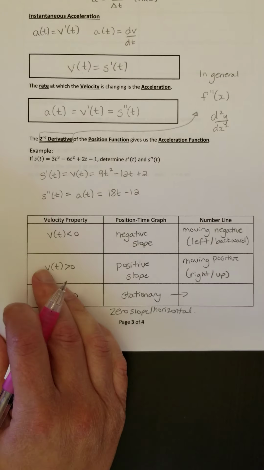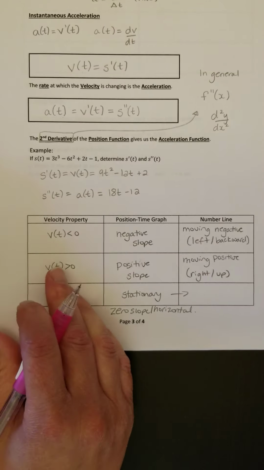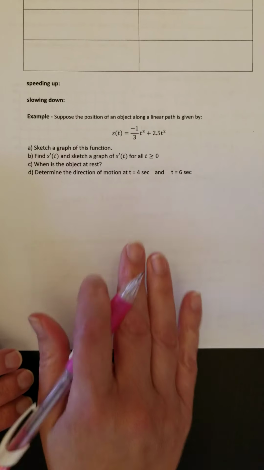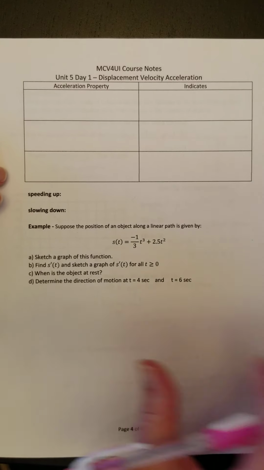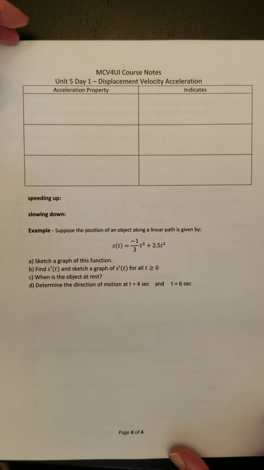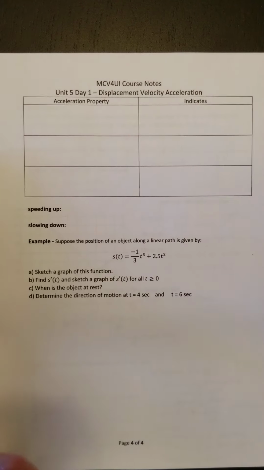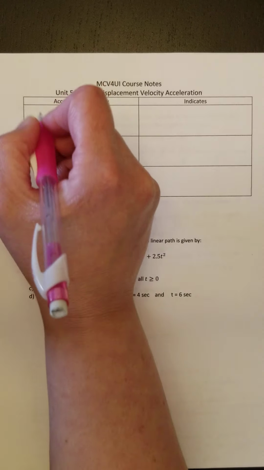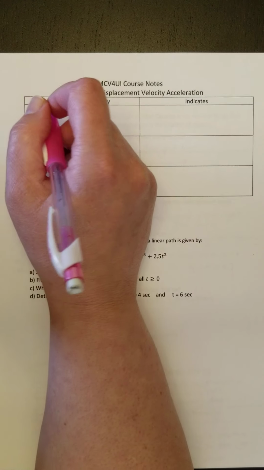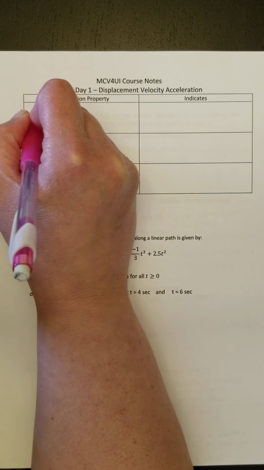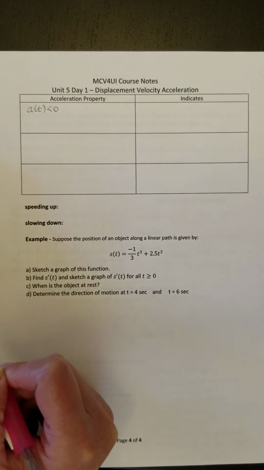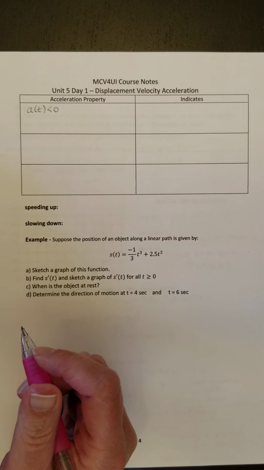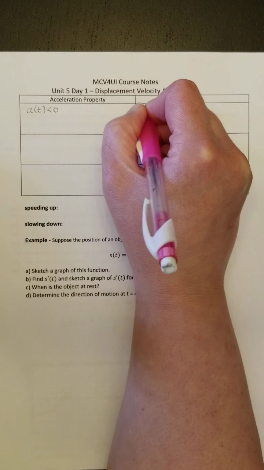It's also important to be able to tell what's happening with the acceleration. So if the acceleration values are negative, that means that the velocity is decreasing.